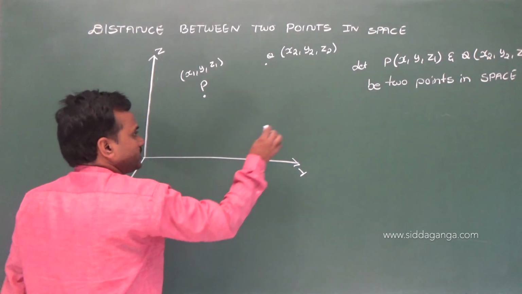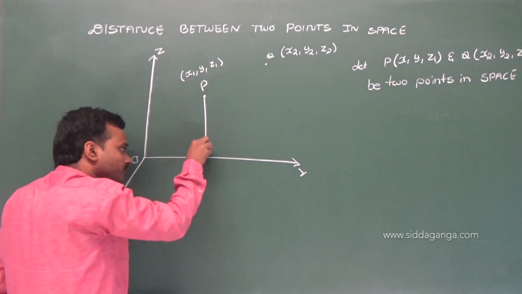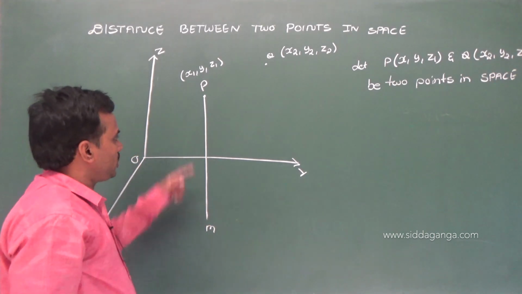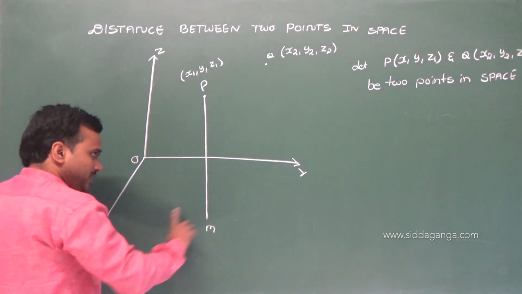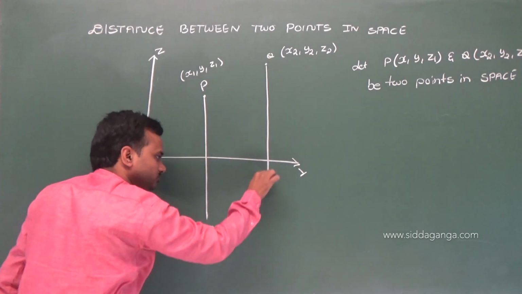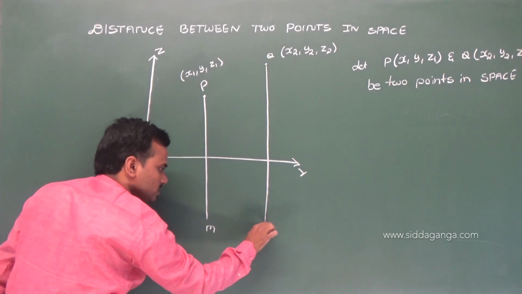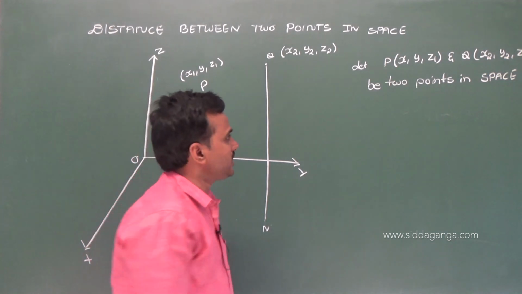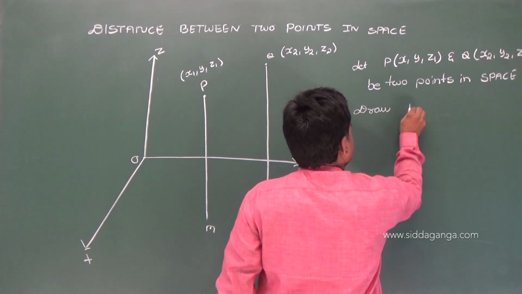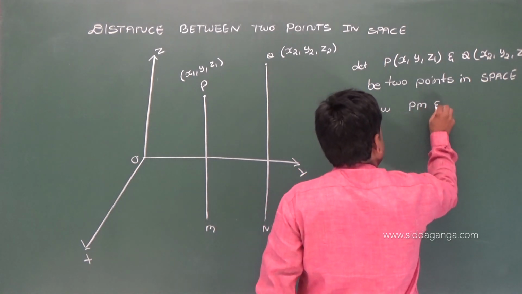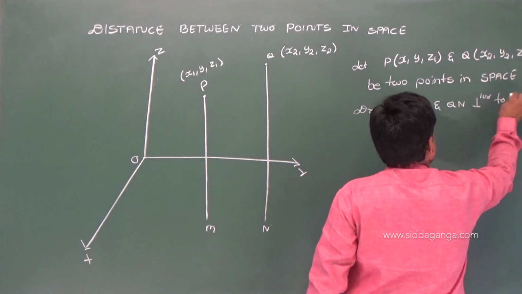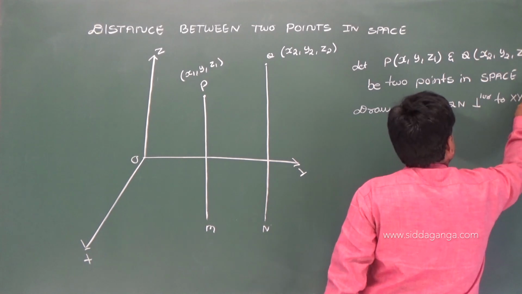Next, what I do here, draw PM because I want to represent the coordinate. Draw PM perpendicular to XY plane and draw QN perpendicular to XY plane.